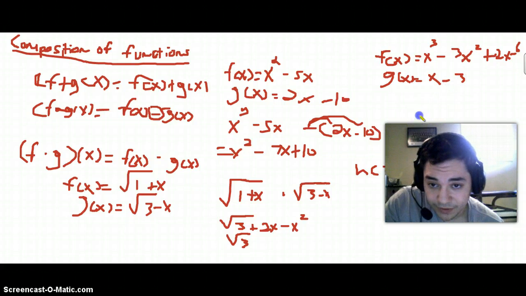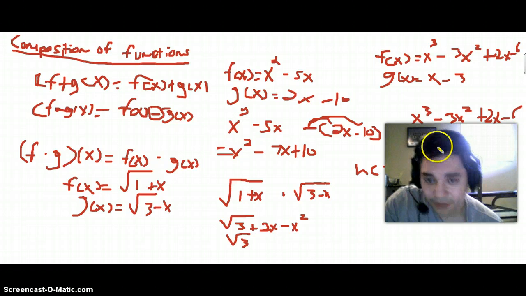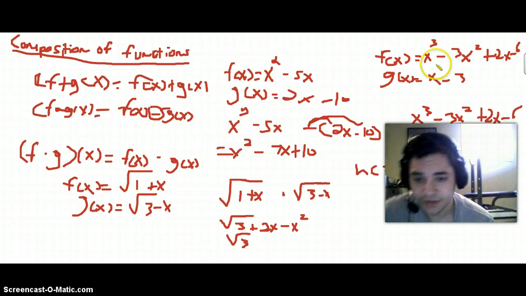I'm going to take this x cubed minus 3x squared plus 2x minus 6 and put it over the x minus 3.